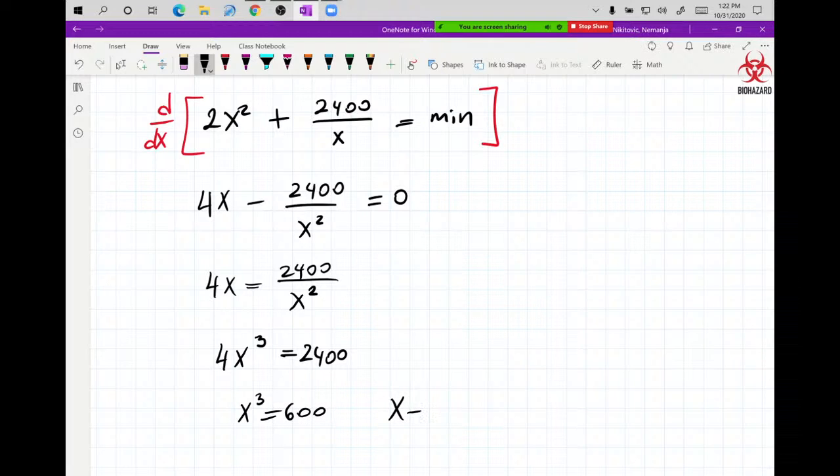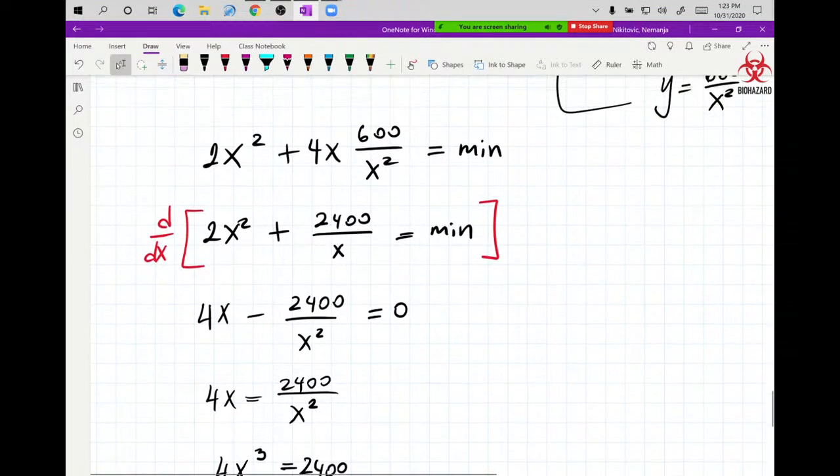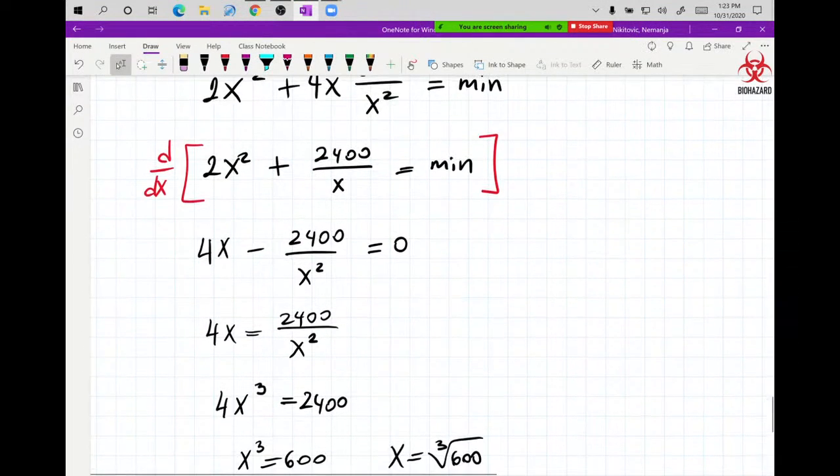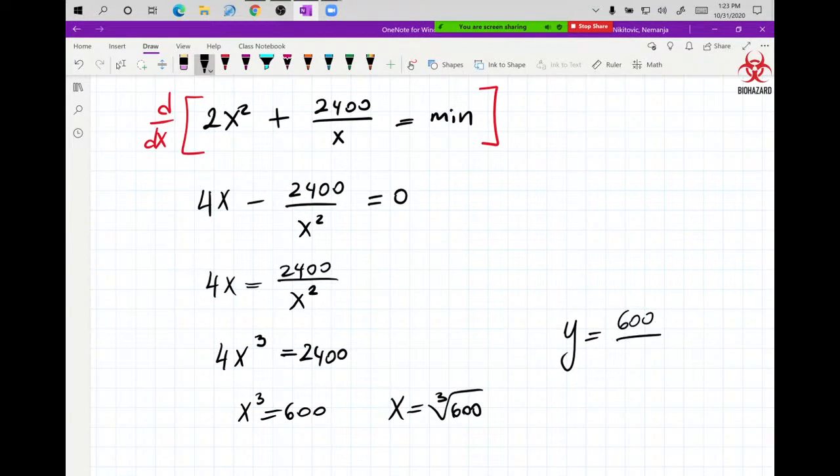And x worked out to be the cube root of 600. Now, you can punch this into a calculator and get the value, but we don't care, because we also know that y is equal to 600 over the cube root of 600 squared.